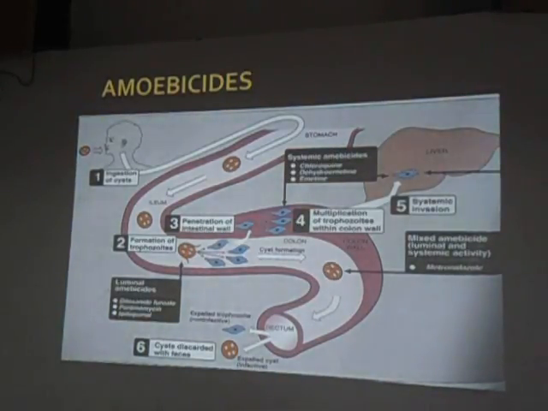Both luminal and systemic activity we have with metronidazole. And here you can see diloxanide furoate, paromomycin and iodoquinol. These are the drugs which can be used for luminal amoebicides, mixed amoebic infection and systemic amoebicides.